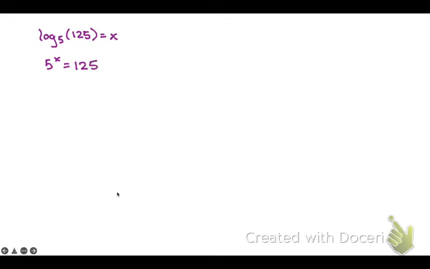So now I need to get 125 into a base of 5, don't I? That's how this works. So what power of 5 is 125? 5 to what power is 125?